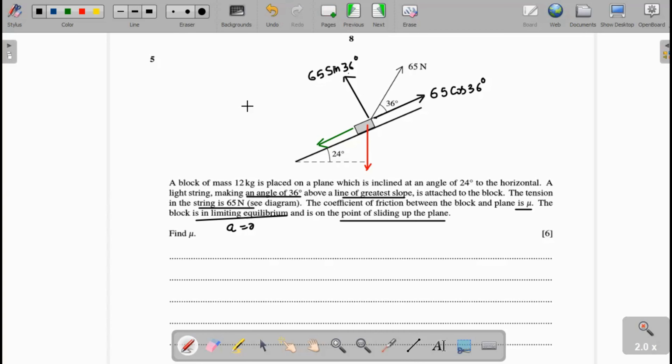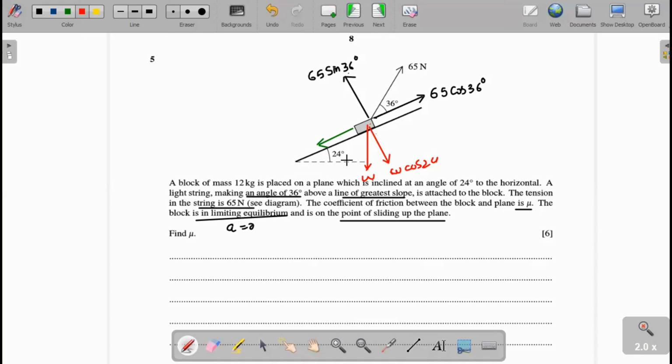Now we take the components of the weight of the body. The weight is W. The component perpendicular to the surface is W cos 24 degree.